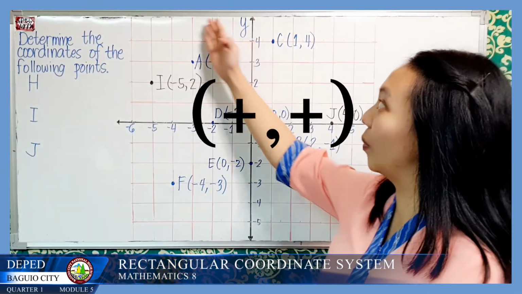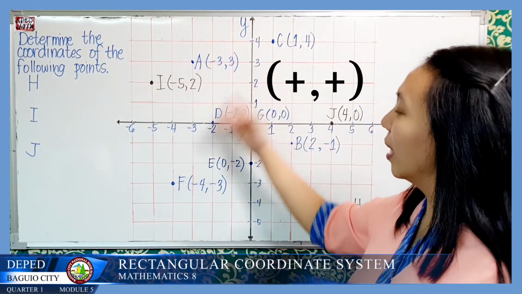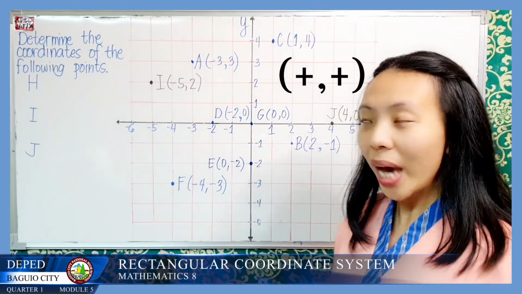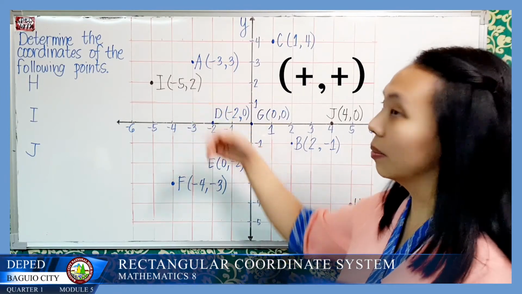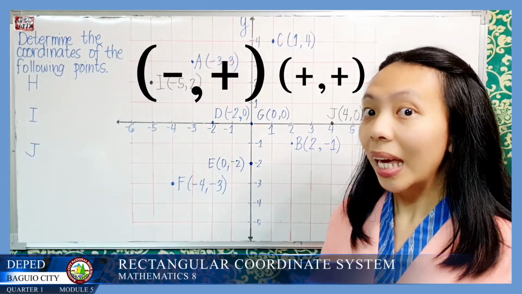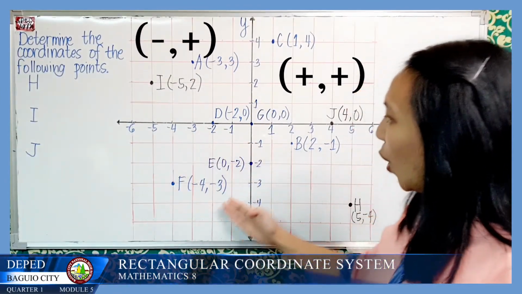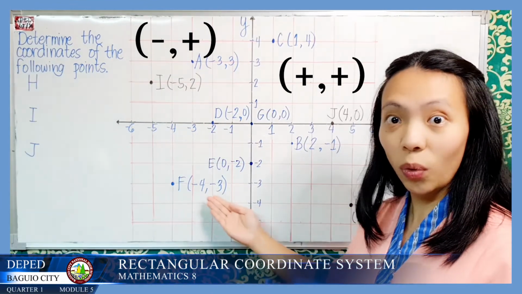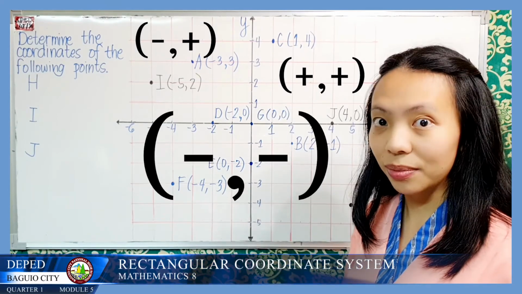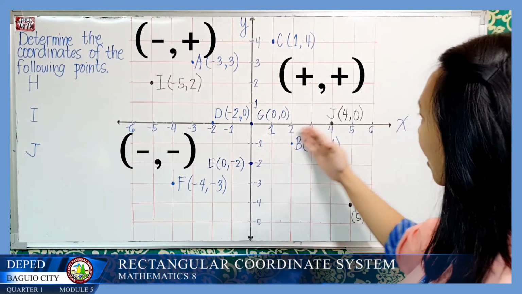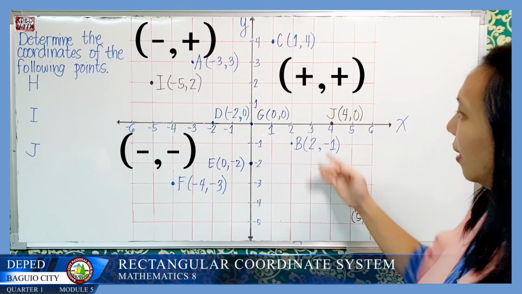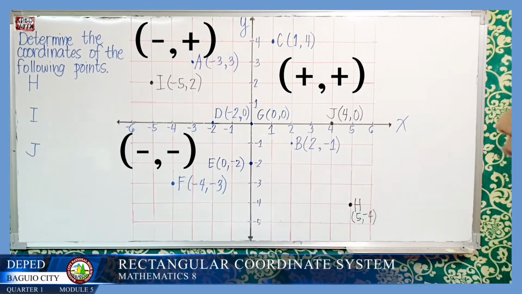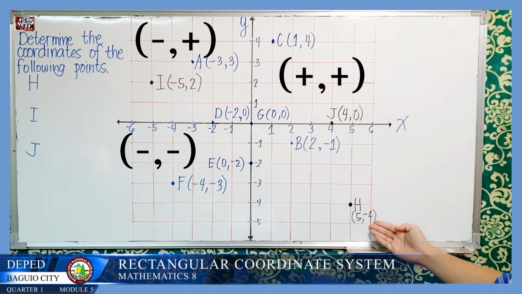In the second quadrant, on the other hand, the abscissas of the points are negative, while their ordinates are positive. In the third quadrant, both the abscissa and the ordinate are negative. And in the fourth quadrant, the abscissa is positive, while the ordinate is negative.